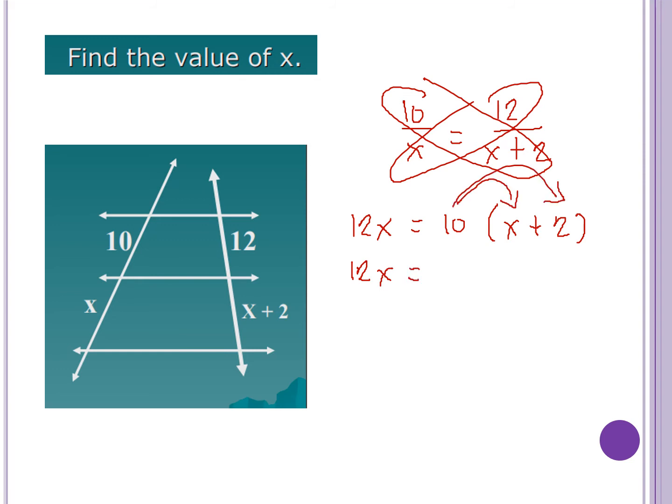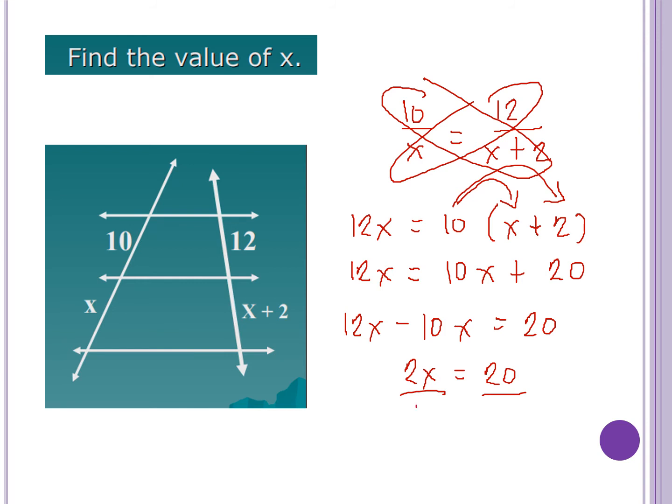Apply distributive property, so we have 10X plus 20. Let us transpose 10X to the left side of the equation. So we have 12X minus 10X is equal to 20. So we have 2X is equal to 20. Divide both sides by 2. Therefore, X is equal to 10.